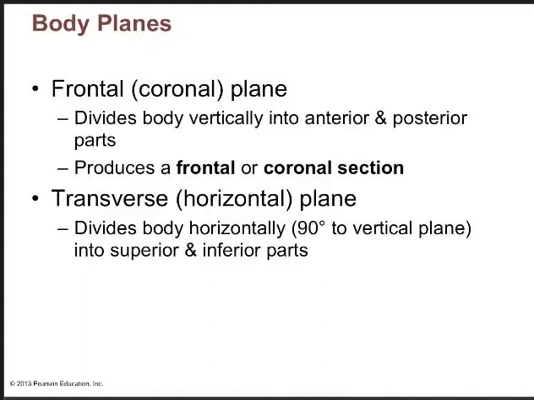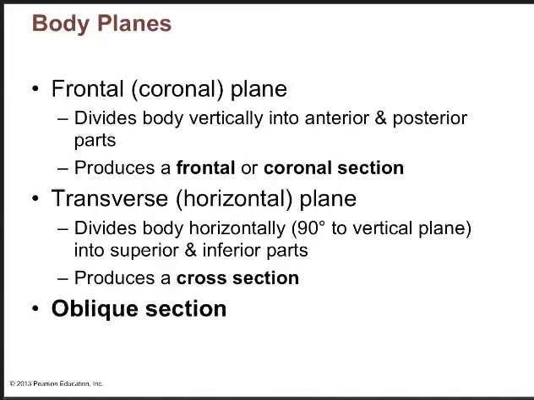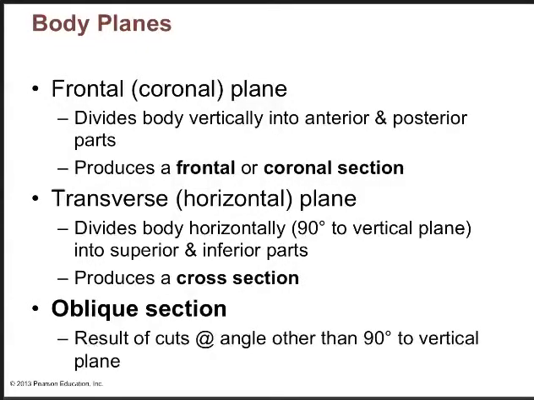That would be a transverse plane. This produces a cross section, while an oblique section would be at an angle. Again, it can run at an angle either lateral to medial, or anterior to posterior, and any number of oblique sections are possible.